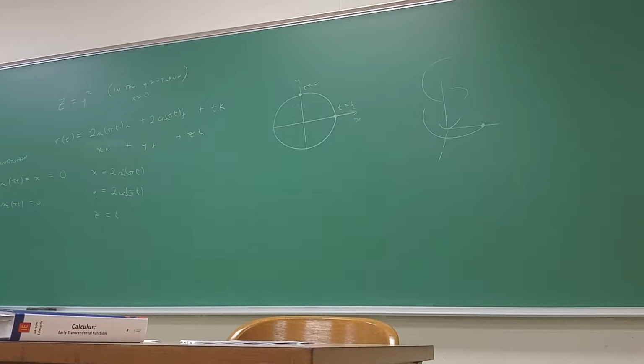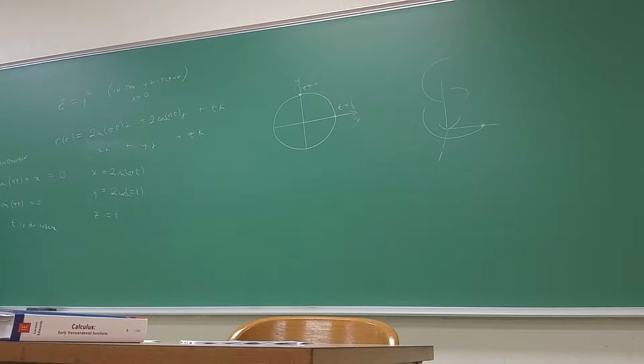And for what angles is the sine equal to 0? 0, pi, 2 pi, 3 pi. So t has to be an integer. So we just try. How about t equals 0? How about t equals 1? How about t equals 2? So let's look at the y now.